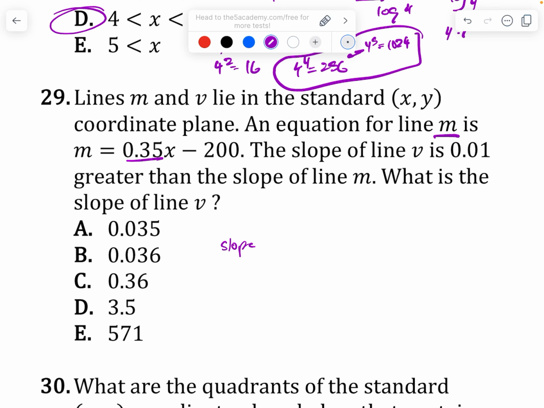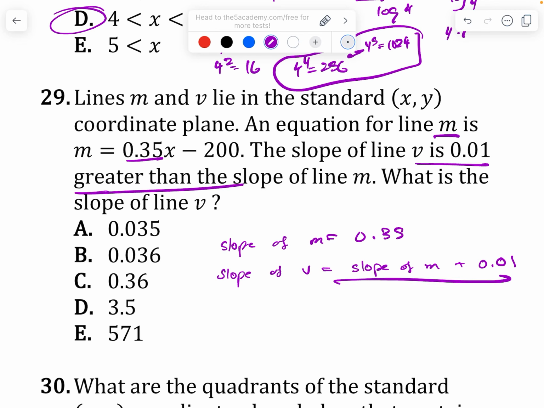Slope of M is equal to 0.35. Slope of V is equal to slope of M plus 0.01. 0.01 greater than the slope of line M. That's exactly what I'm saying right here.